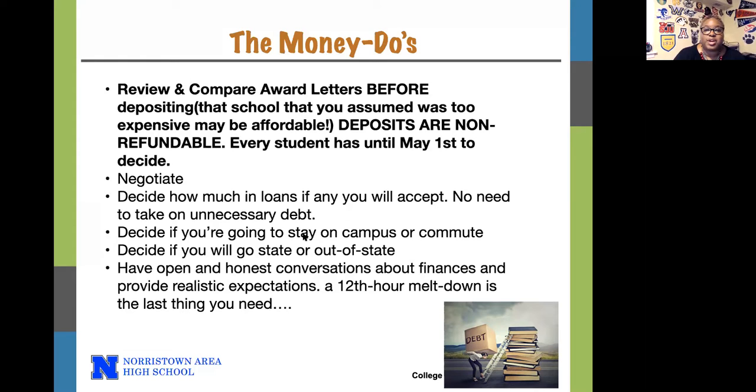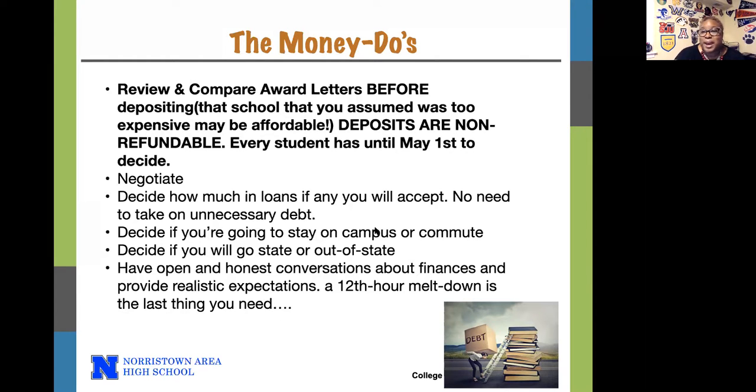You want to decide if you're going to stay on campus or commute. That's a real question. And so we talked about this last night. So for those of you, we also want you to put on that list of 6 to 12 schools at least 2 schools that you can commute to. We talked about that gap, right?